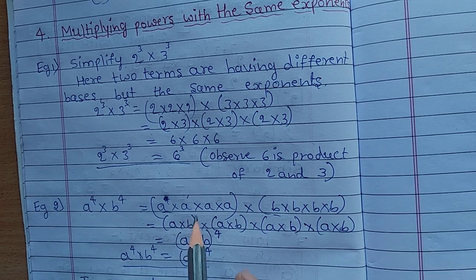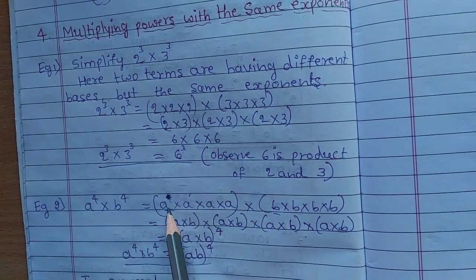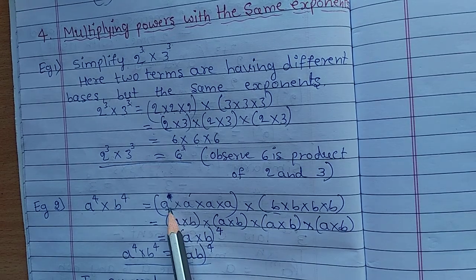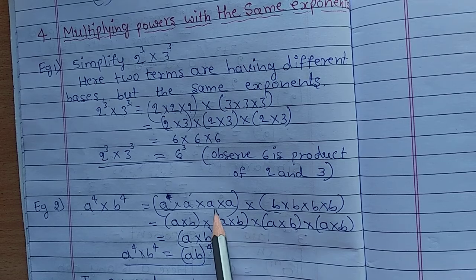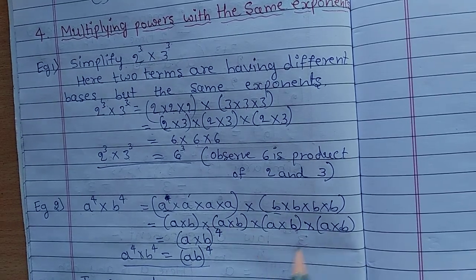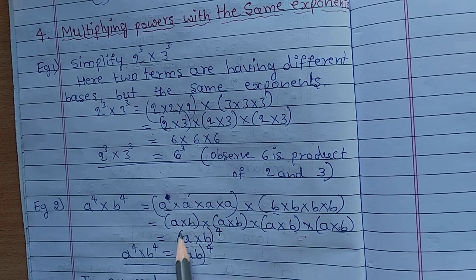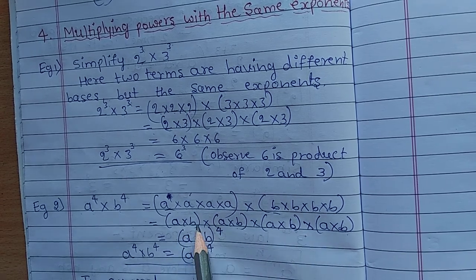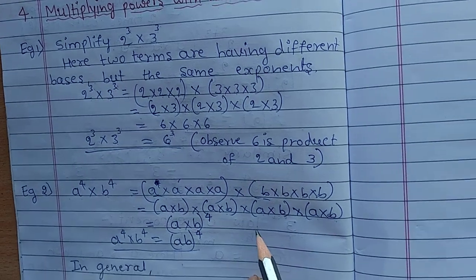As we have written in the previous example, we have to write the same thing, a into b. First take a into b into a into b into a into b into a into b. We have made groups like this: a into b, a into b, a into b, a into b.